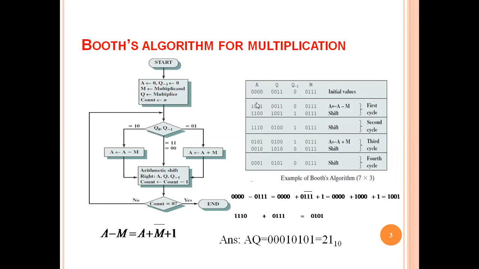Initially this is 0. Then comes M. M stores the multiplicand. The multiplicand here is 7, in binary 1, 1, 1. In sign bit representation, it should be 0, 1, 1, 1. Why 0? Because this is a positive number. So this is the initialization of the algorithm.